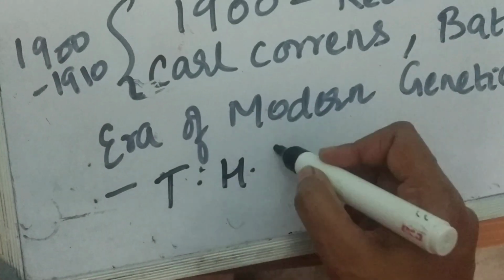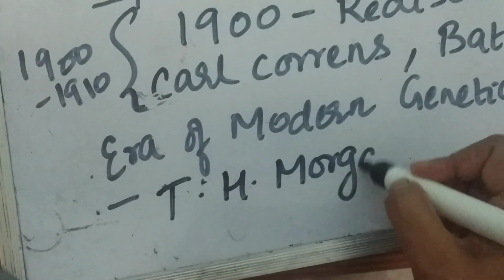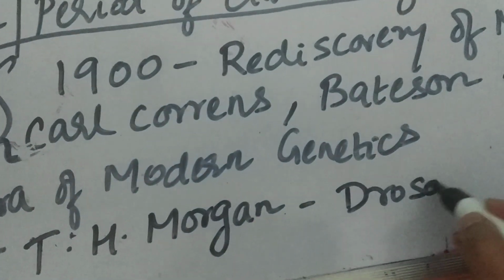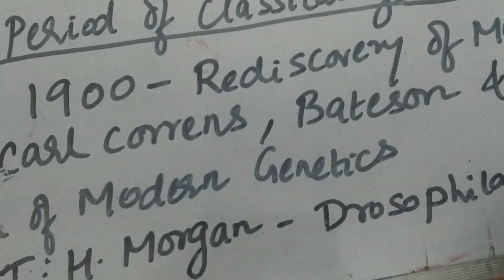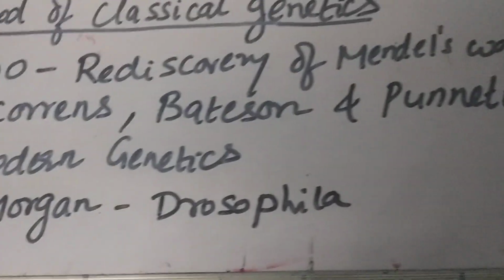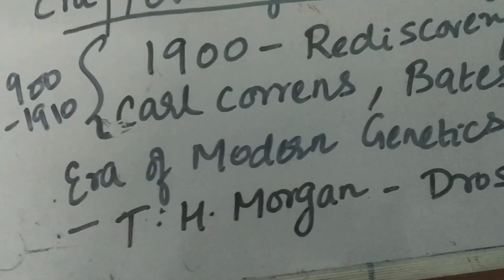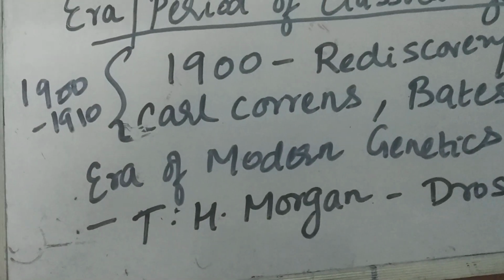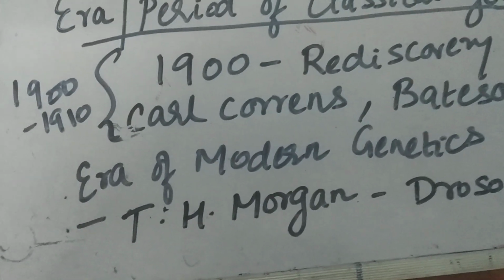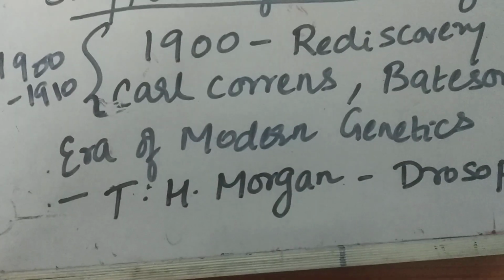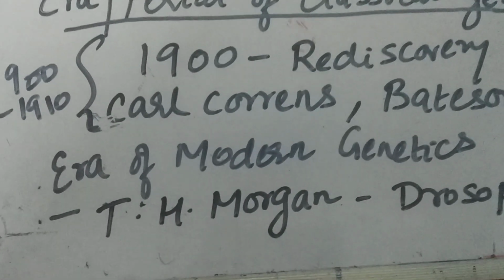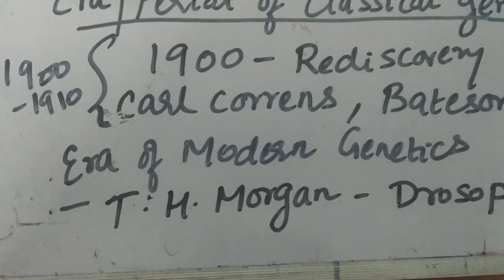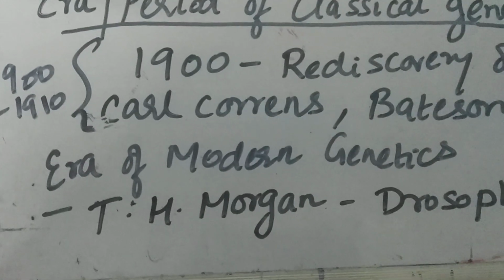You might have guessed the name, T.H. Morgan, who worked with the famous Cinderella of genetics, we call Drosophila the Cinderella of genetics. He did a lot of important work, like the theory of chromosomal inheritance, linkage and crossing over.